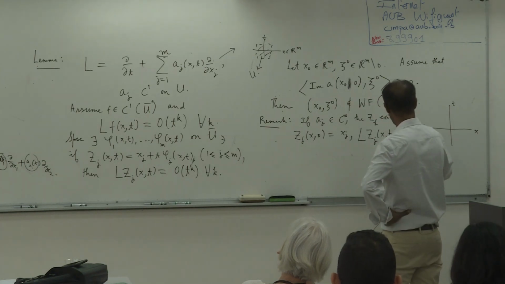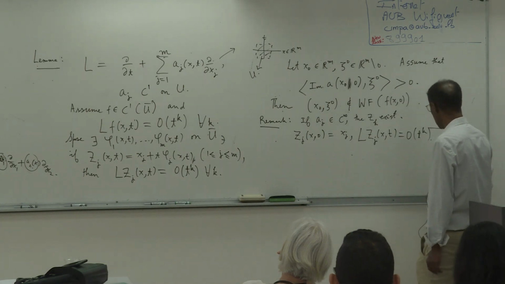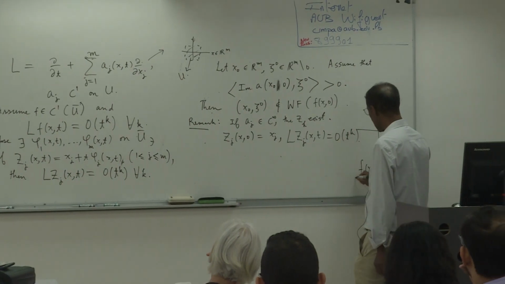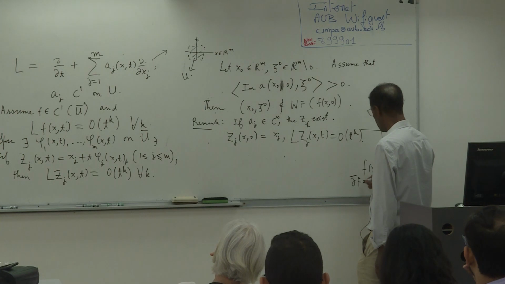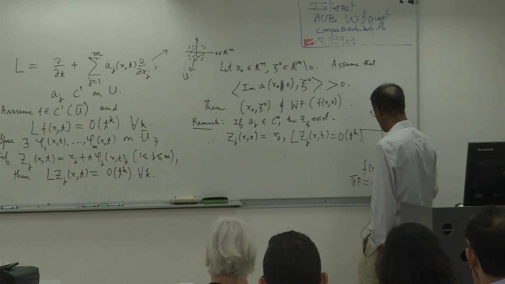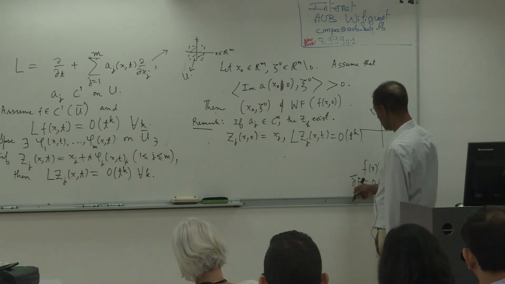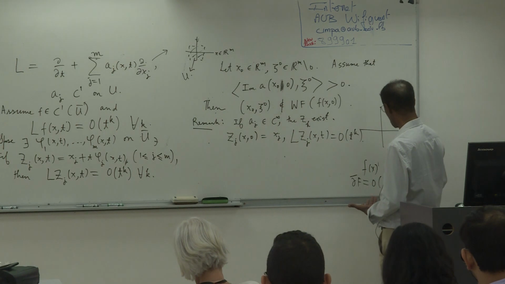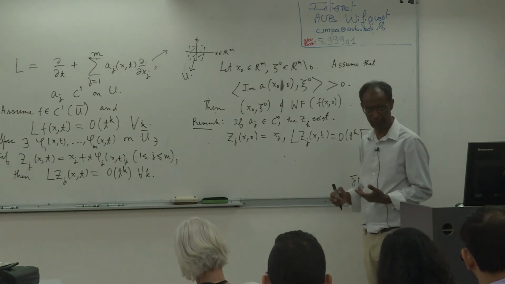Well, remember how I showed you that given any smooth function f of x, it has an almost analytic extension. There is a function capital F which is d bar flat. How did we do that? We saw that this condition forced upon you what the y derivatives of capital F had to be along the x-axis, and then you used Borel's lemma.